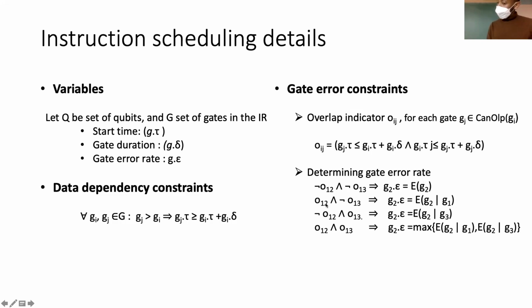If gate 1 is overlapping with 2 but not with 3, the gate error rate of 2 is determined by the conditional error rate. So this constraint determines the overlapping set in our optimization. This instruction scheduling is done through an SMT optimization.